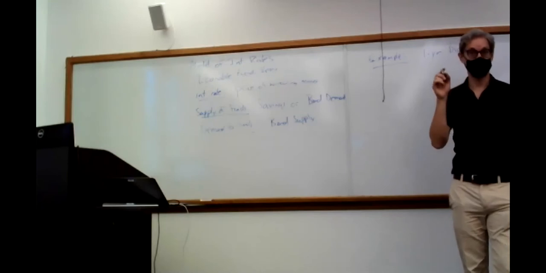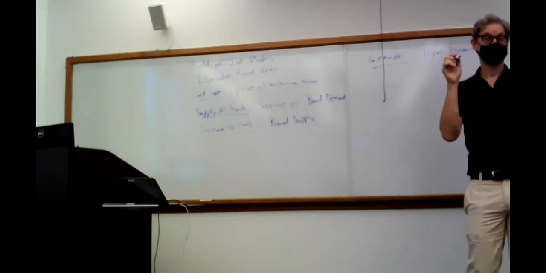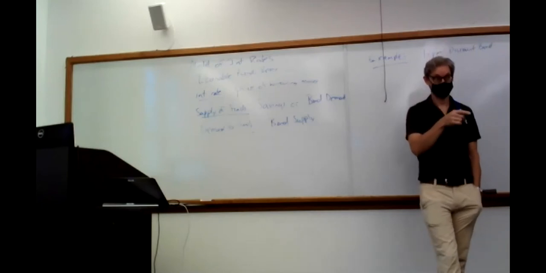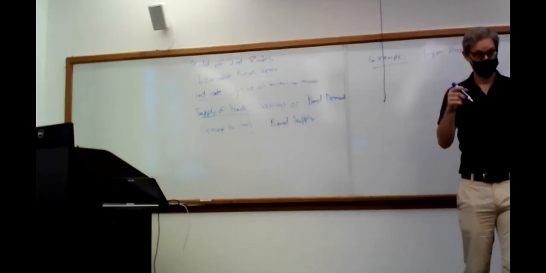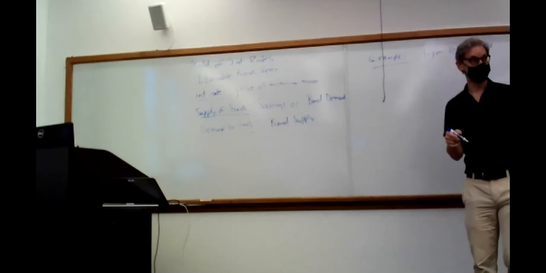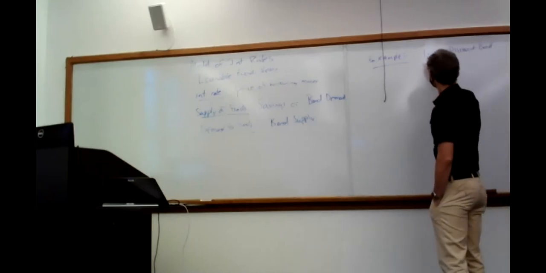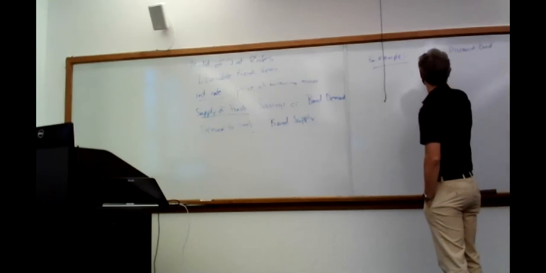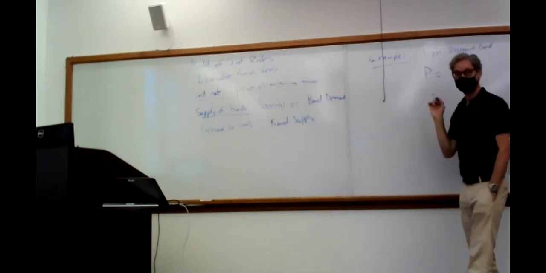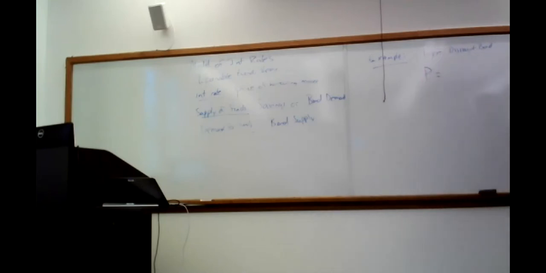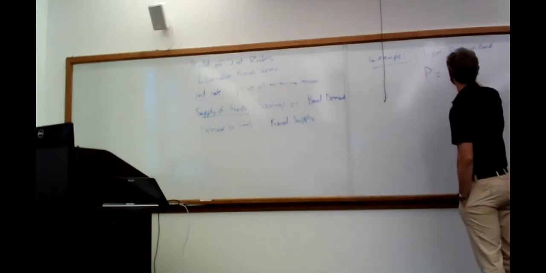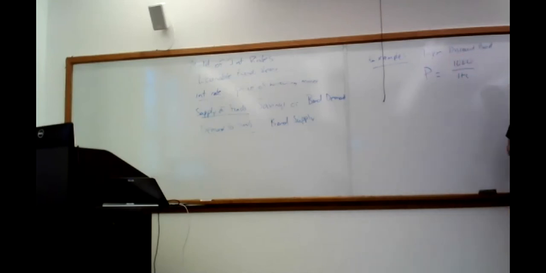We equate the price with the present value of future payments, right? So this is what the equation is, right? The price is equal to the present value of future payments.